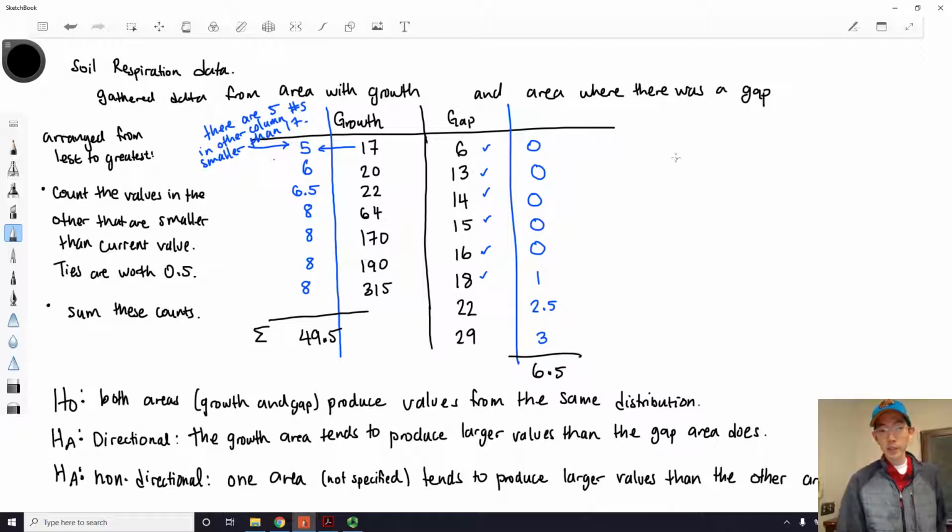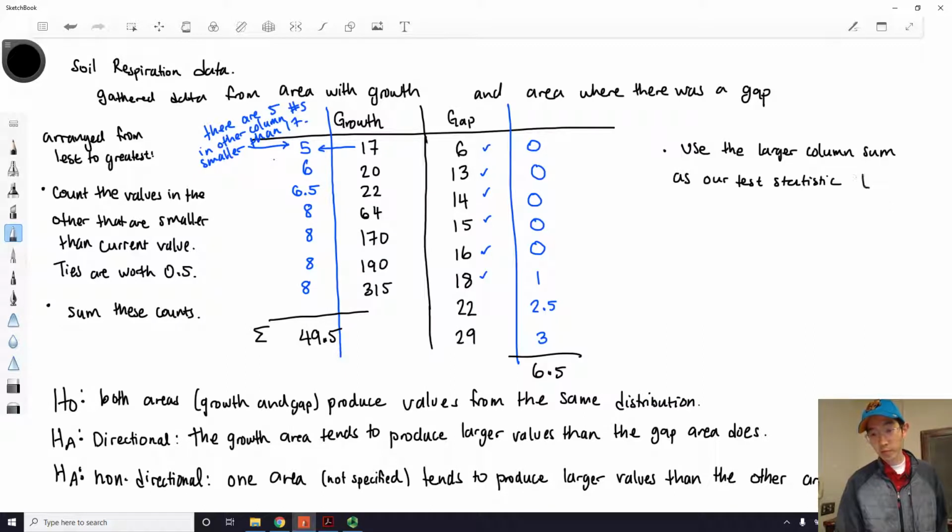Okay, and then what we'll do is we use the larger column total, the column sum, as our test statistic, which for whatever reason is called U. So in our case, U is 49.5, right?